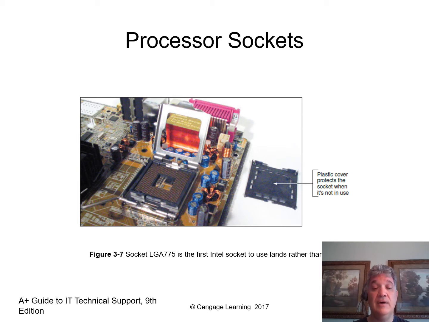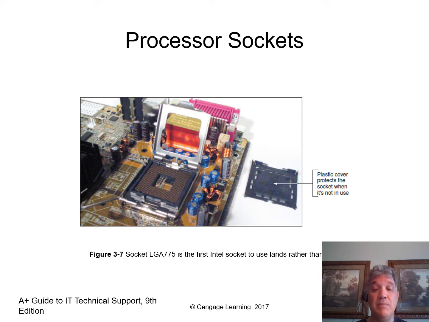When the square silver cover plate, open right now in this photo, is open, a lever mechanism slides a plate out on top of the pins so that you can't accidentally drop the CPU, or worse yet, a screwdriver or something else, maybe even hair. There are lots of things you would not want to get into that CPU socket.